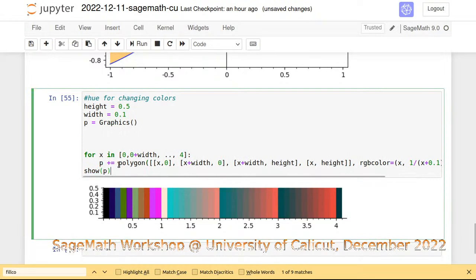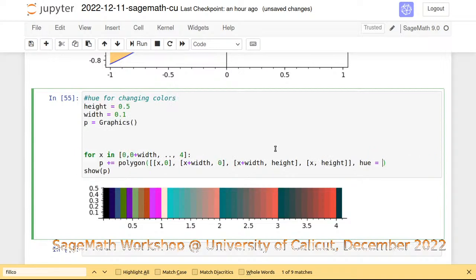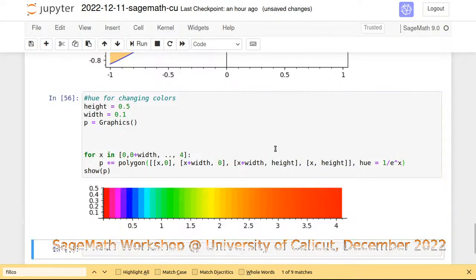But instead of even this, I can try with something called hue, equal to 1 by e to the power x, so that will not be 0. So what are the possible values of hue?